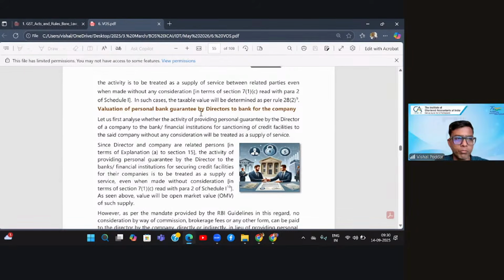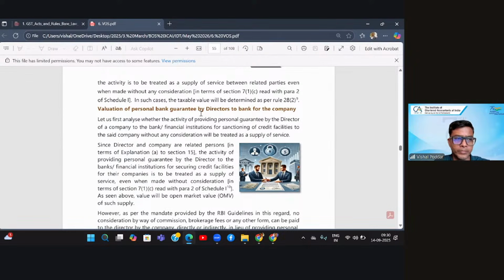Let us first analyze whether the activity of providing personal guarantee by the director of a company to the bank or financial institution for sanctioning of credit facilities to the said company without any consideration will be treated as a supply of service.